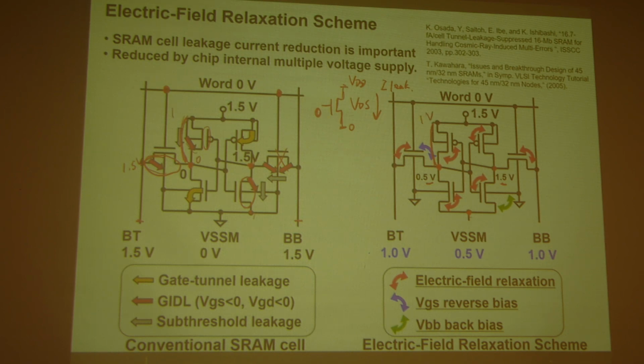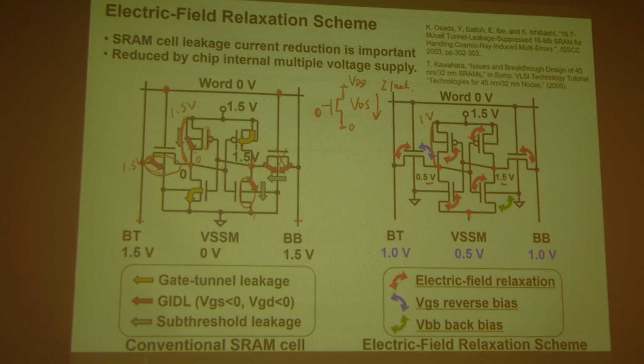Previously, this one is 1.5 volts, right? So you can check the bias difference between those nodes, and you will notice that the bias will be reduced between those drain and source in the right-hand side. So that will greatly suppress the leakage current, because the leakage current exponentially depends on the VDS.